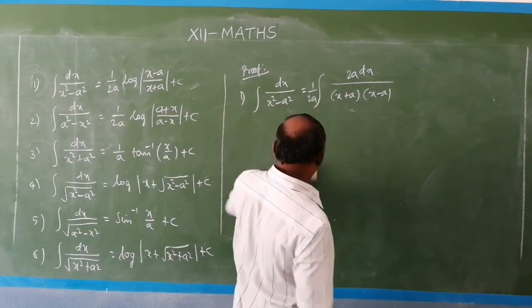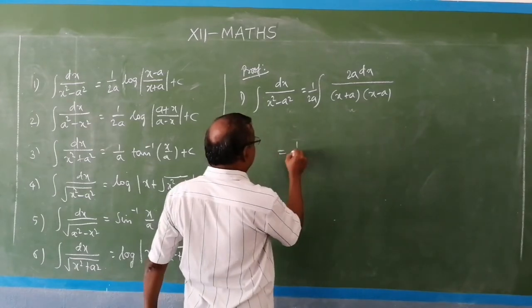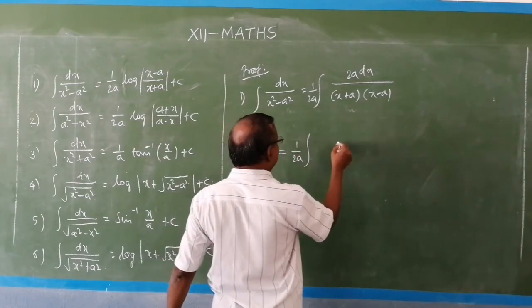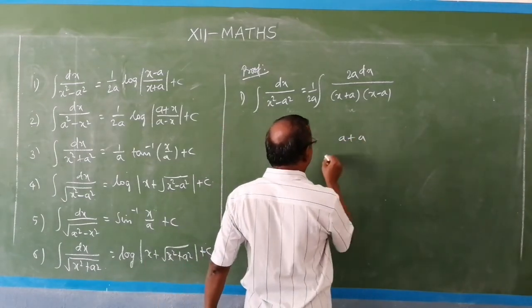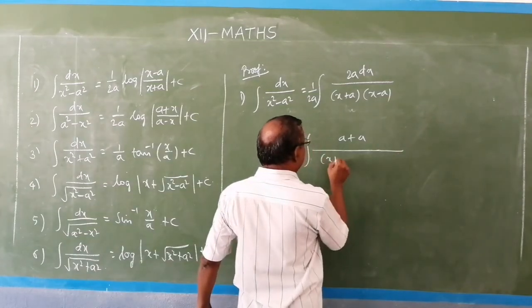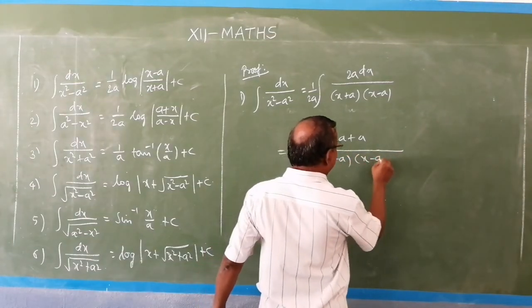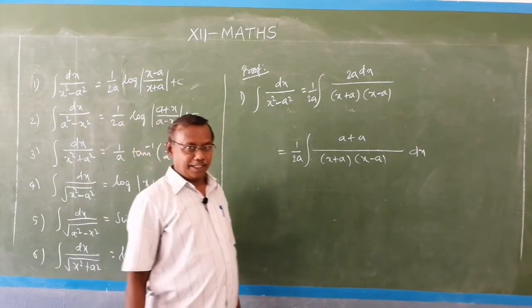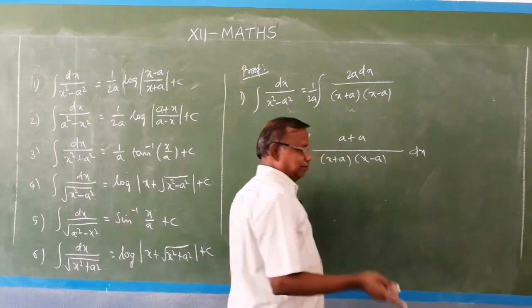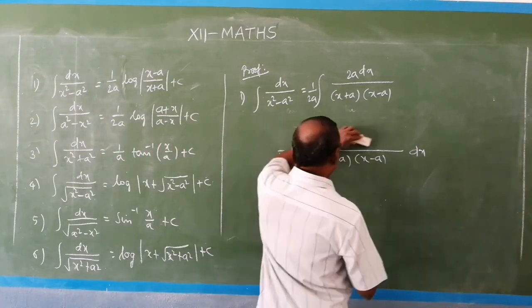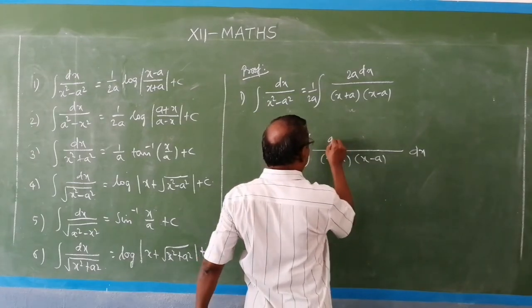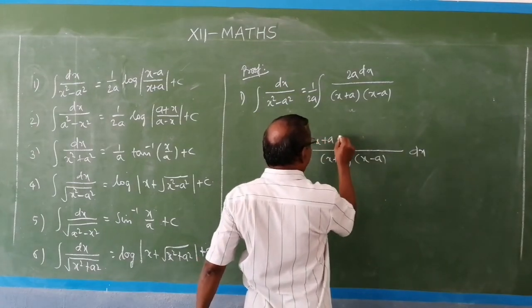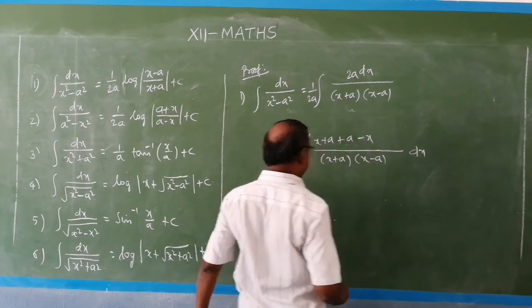Now this is equal to 1 by 2a into integral a plus a divided by x plus a into x minus a into dx. Add plus x and subtract x, that is a plus x plus a minus x.